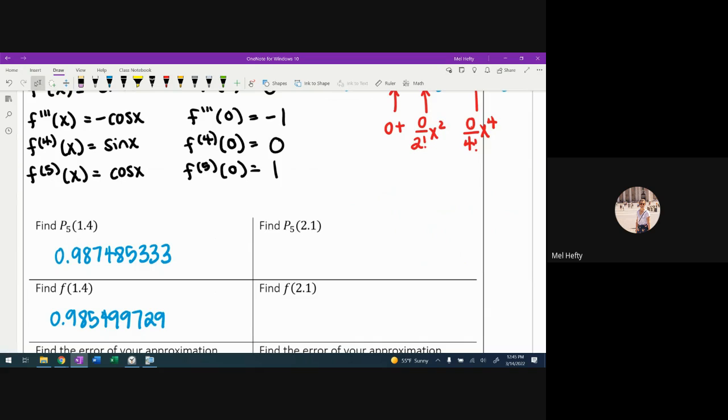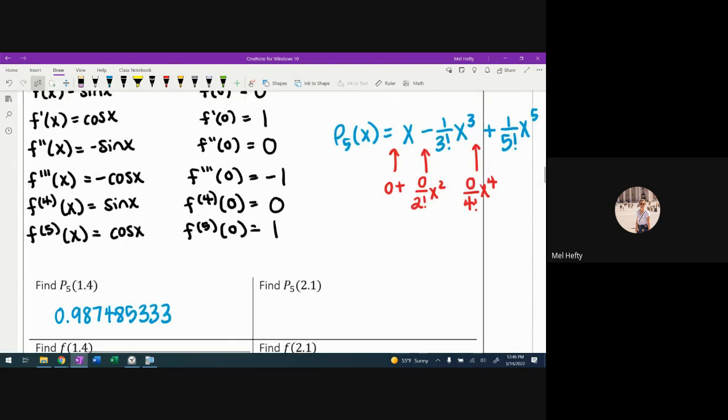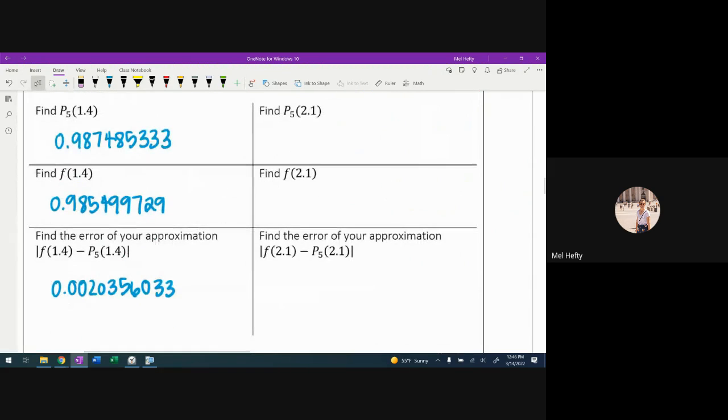If you think about making a computer do this, that's a very quick calculation for a computer to do to get with a very high level of accuracy. Did anyone do the 2.1 ones? All right, I'm going to roll with the whole decimal just to make a point here.